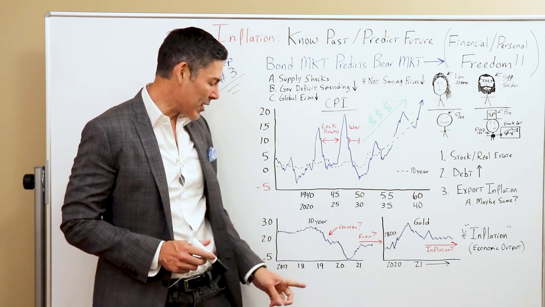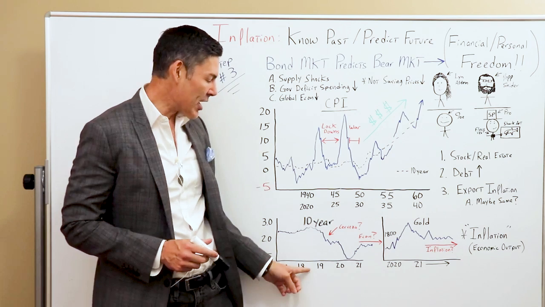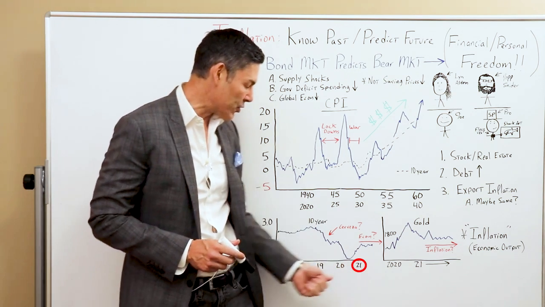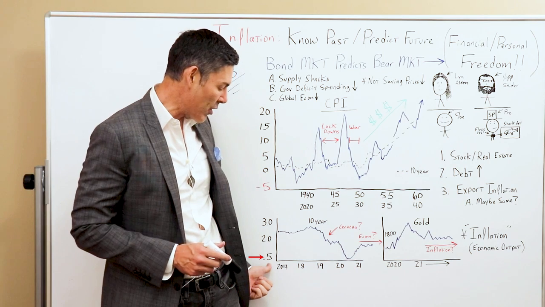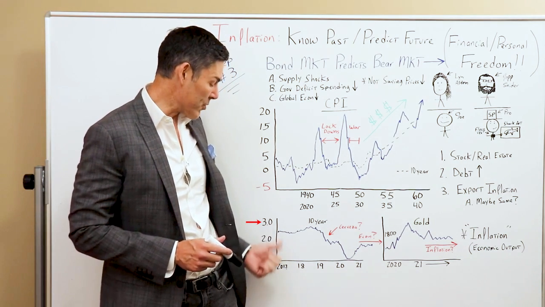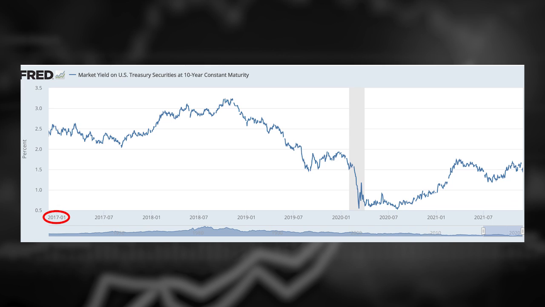So let's start by looking at the 10-year Treasury yield, going back to 2017 all the way to 2021. On the left, we go from 0.5% interest up to 3%. 2017, a little over 2.5%. It goes up, peaks out in 2018, and then it really drops down significantly.